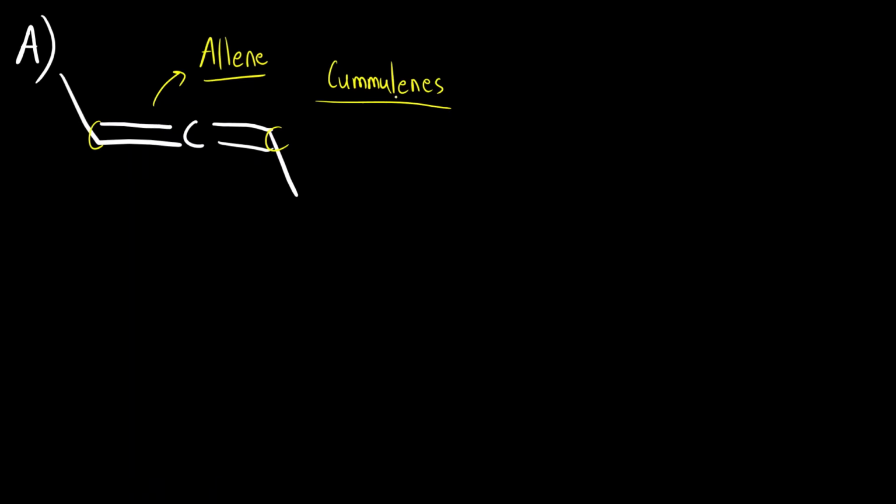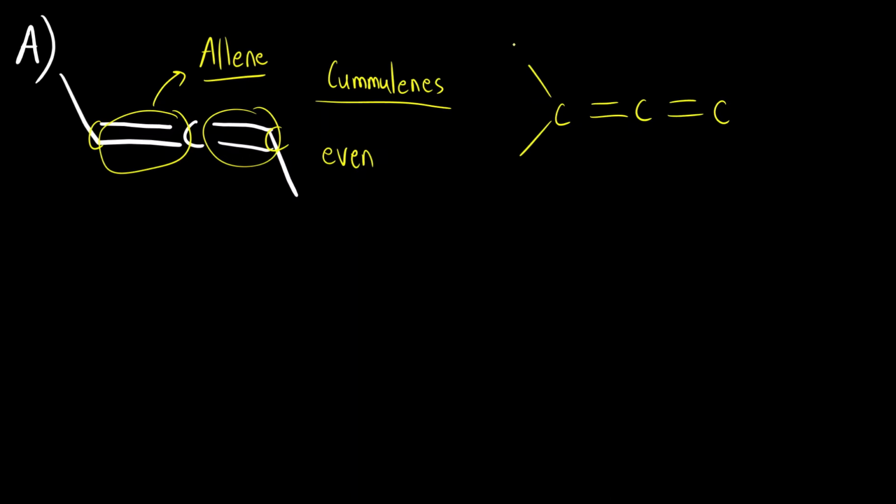So whether this is chiral or not: how many double bonds are present? Two double bonds, which means an even number. Always remember, whenever an even number of double bonds is present, the groups on one side of the double bond, here CH3 and hydrogen, are in one plane, and the groups on the other side will be in a plane perpendicular to the first.